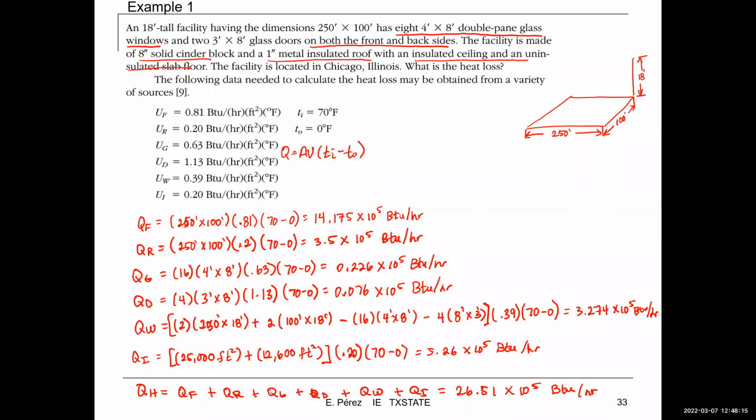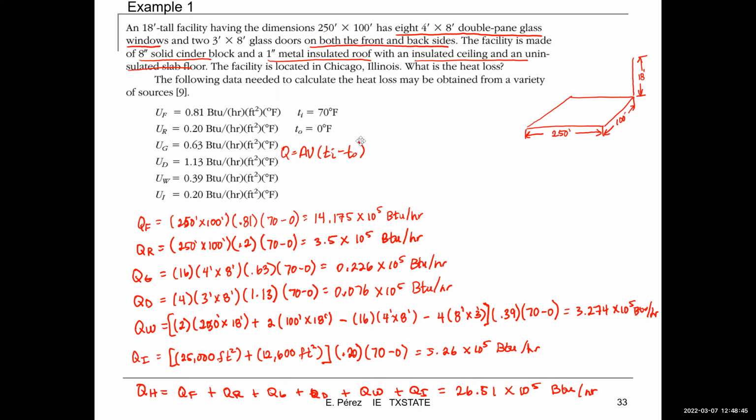So we went through the process of computing the Q parameters for the floor, the roof, the glass windows, the doors, and then the walls, and also for the infiltration. And again, this includes the area of the roof and the area of the walls. Then we added the total.